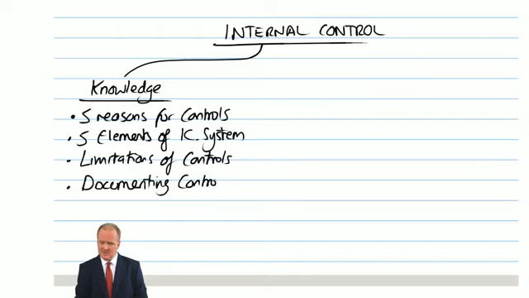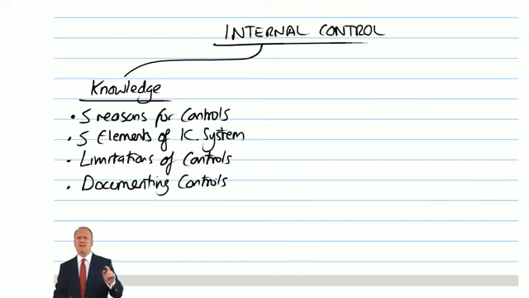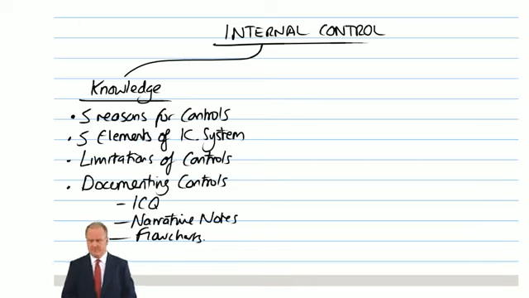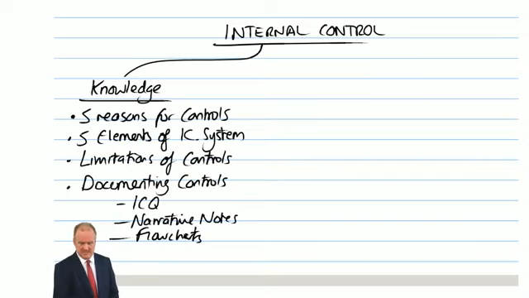And documenting controls, which if my memory is right, came up last sitting, so probably won't for you. And that's things like questionnaires, narrative notes, and flowcharts. Oh dear, my handwriting's gone horribly wrong there, hasn't it?